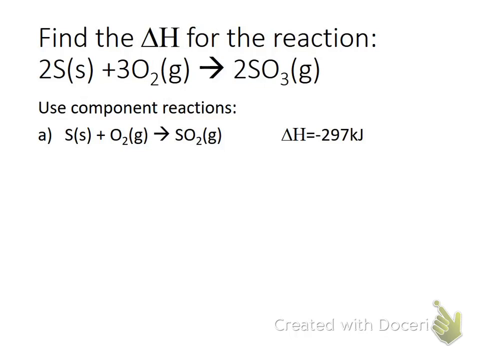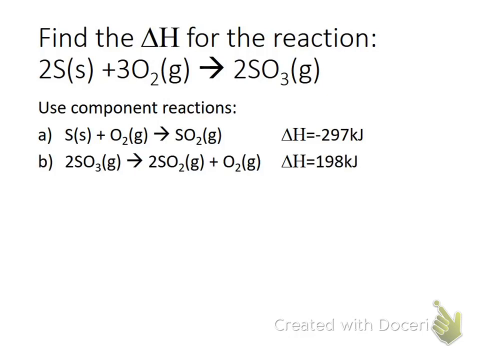But the S and O2 do, and so this gives us a hint as to what we need to do. Let's take a look. Here's the second component reaction. 2SO3 goes to 2SO2 plus O2 gas with a delta H of positive 198 kilojoules.